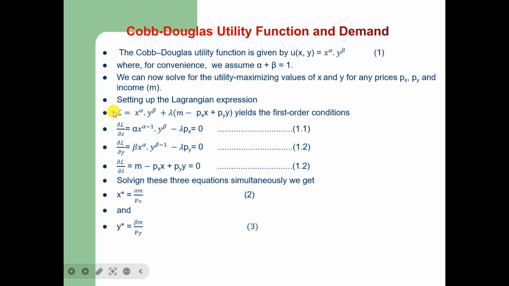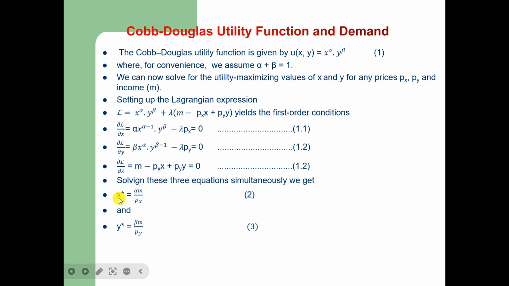If you take partial derivative of L with respect to x, we get this, and if we derive this partially with respect to y, we get this equation, and finally if we take the partial derivative of L with respect to lambda, we get the budget equation. And if we solve these equations simultaneously, we get the optimal level of x and y.